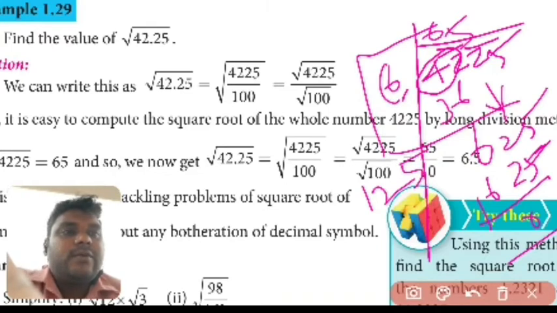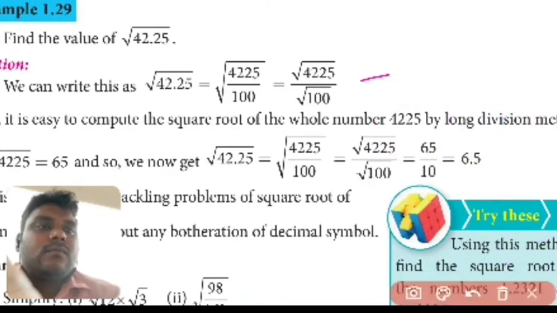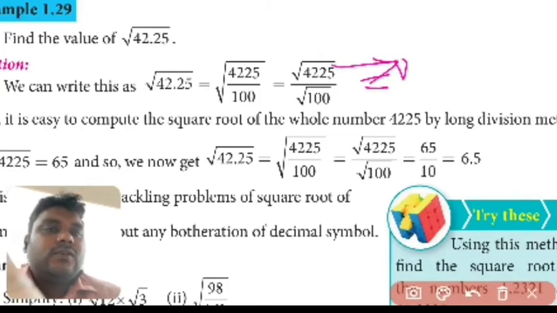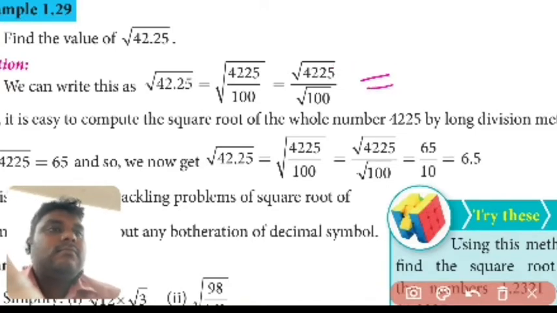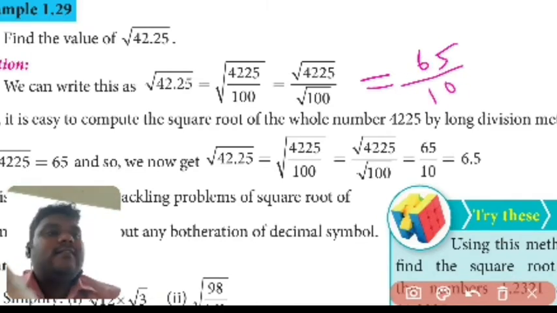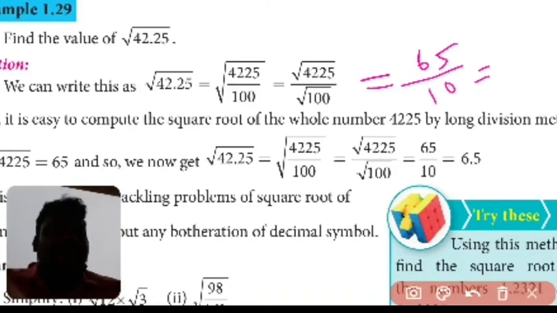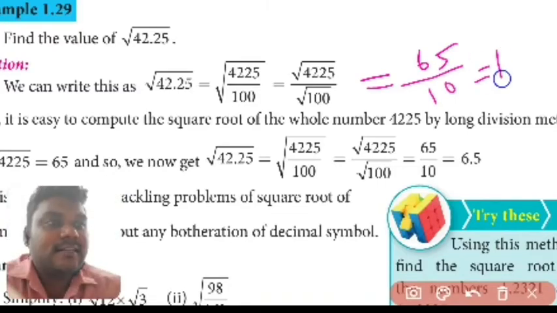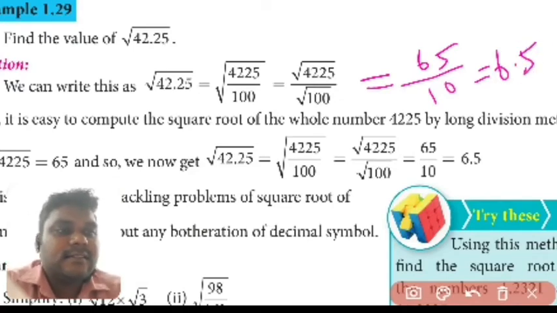The square root of 4225 is 65, and the square root of 100 is 10. So 65 by 10 is 6.5. This is the answer.